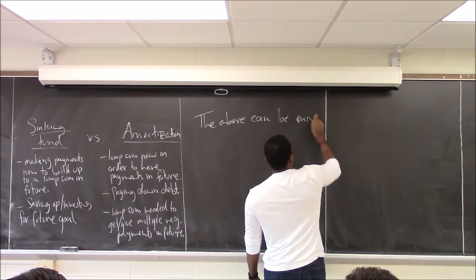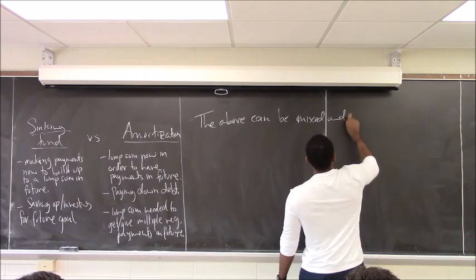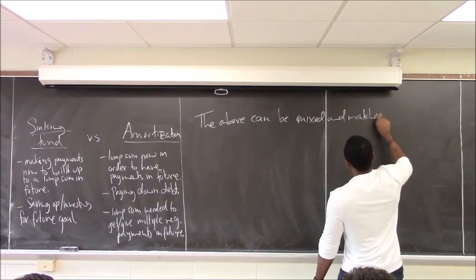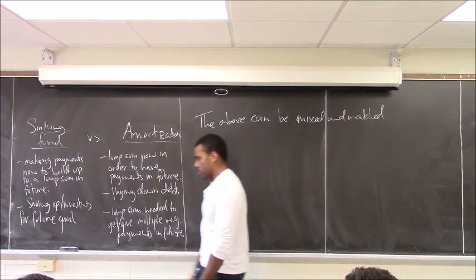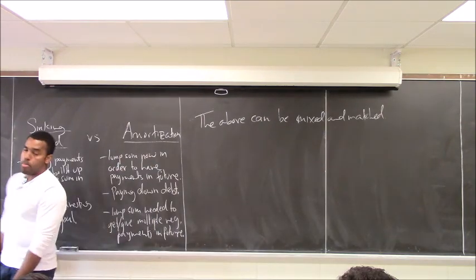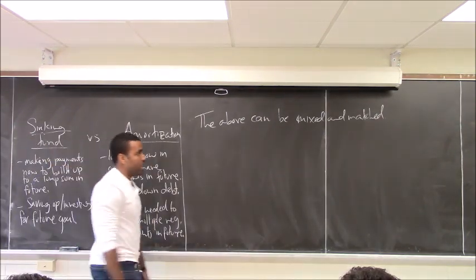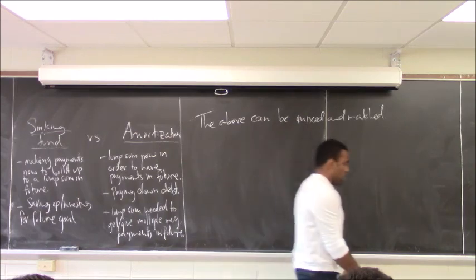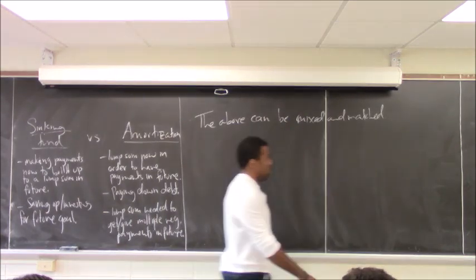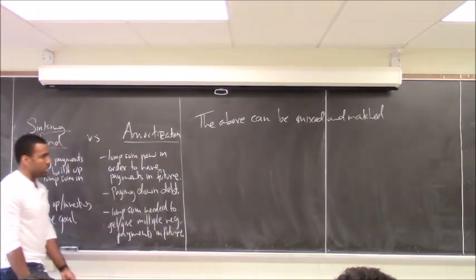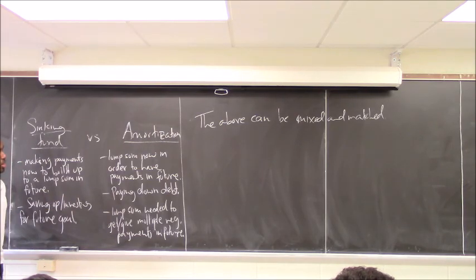The above can be mixed and matched. I probably won't ask you a problem on a test where you have to mix both of these, but on the group project that you'll be getting, you'll be mixing both of these ways to look at money.